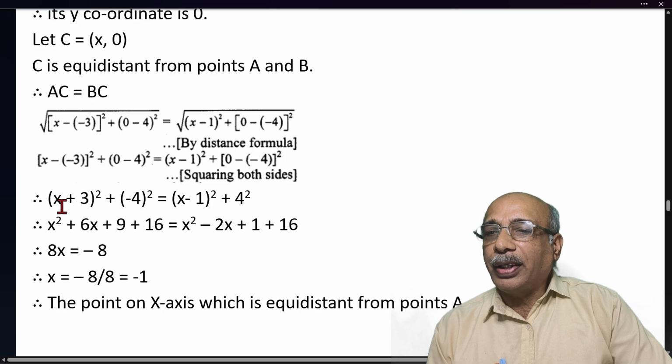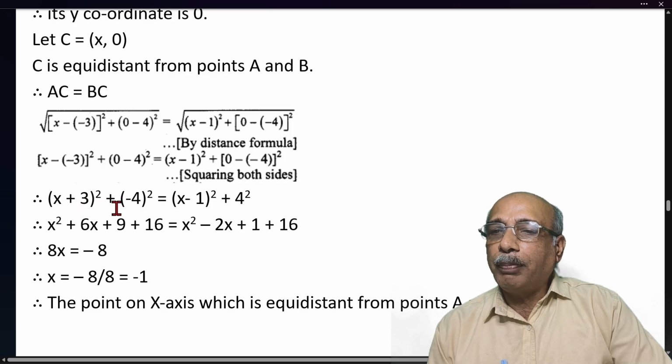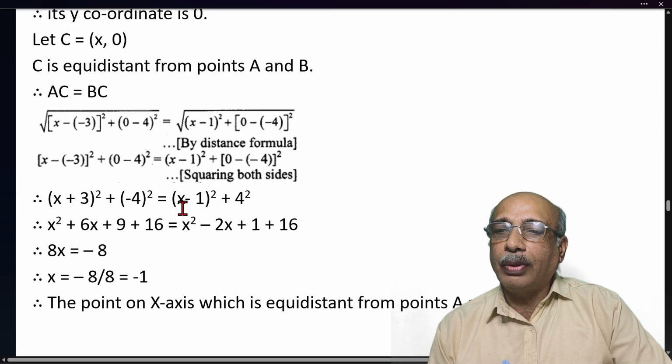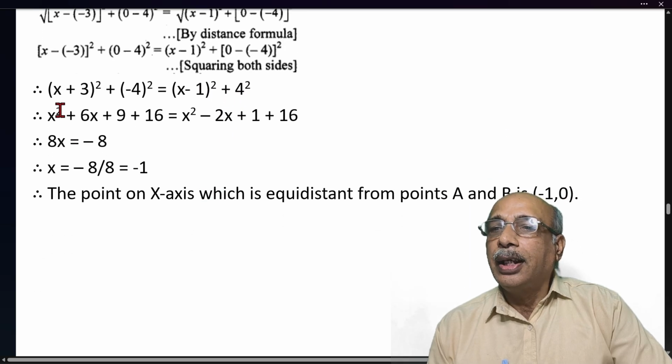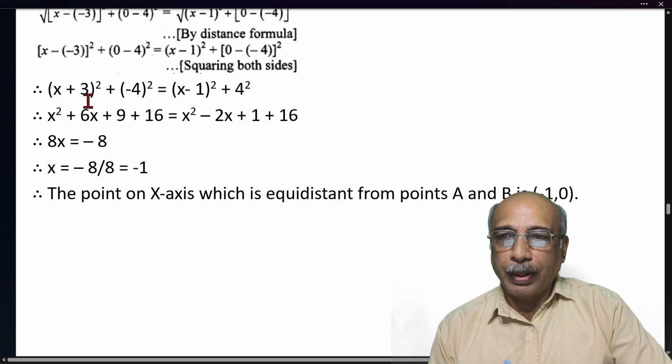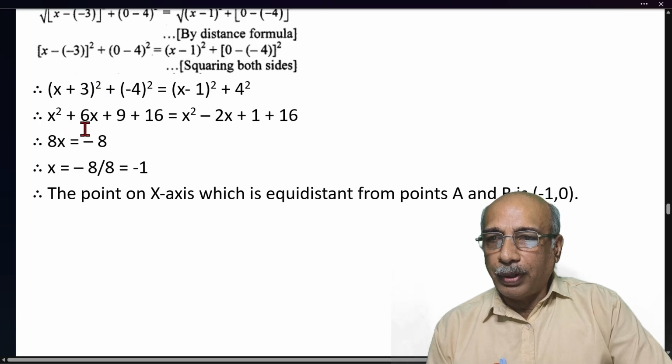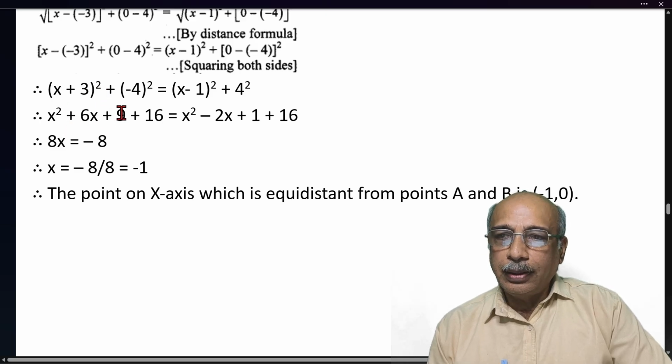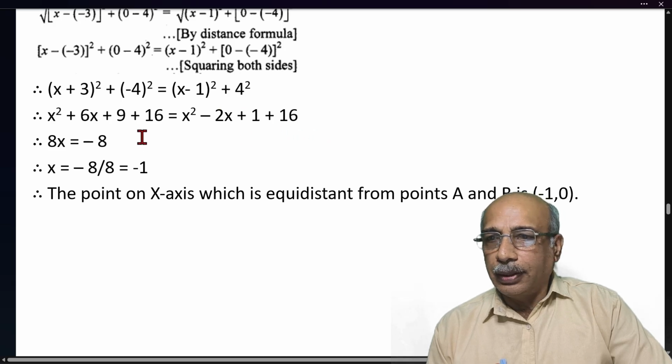After that, simplifying, (x plus 3) whole square plus (minus 4) whole square equals (x minus 1) whole square plus 4 square. Simplify this. Expansion of (a plus b) whole square gives x square plus 6x plus 9 plus 16 equals x square minus 2x plus 1 plus 16.